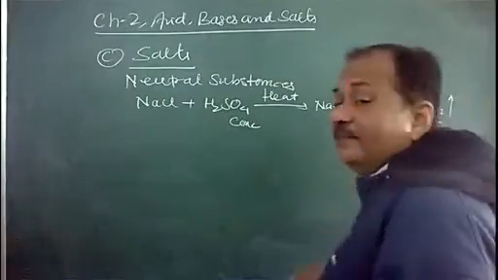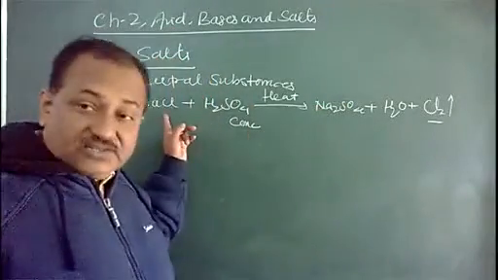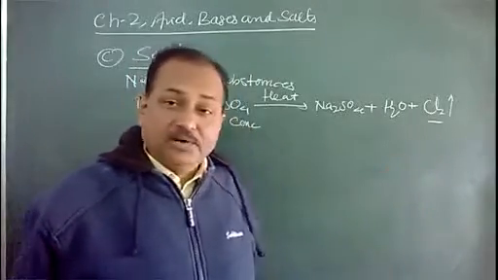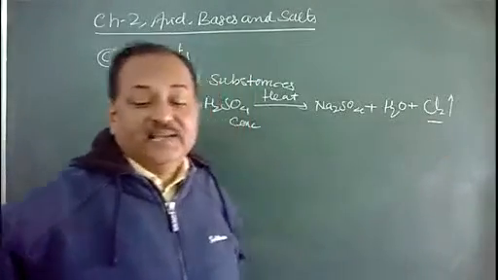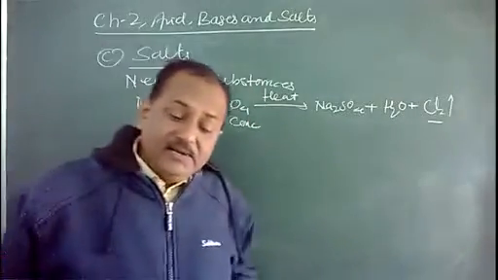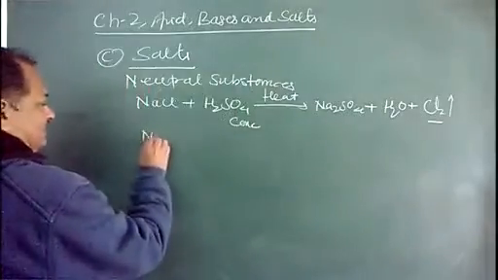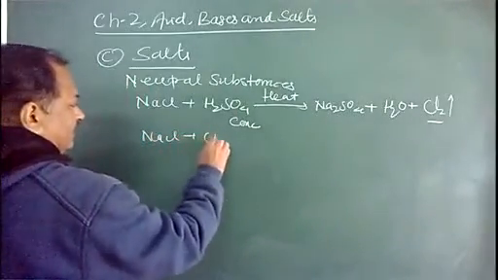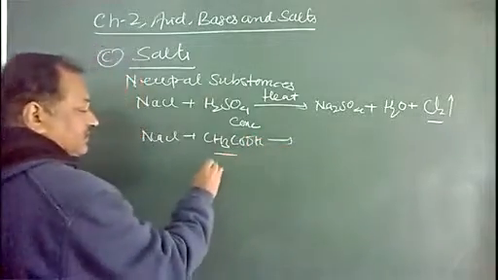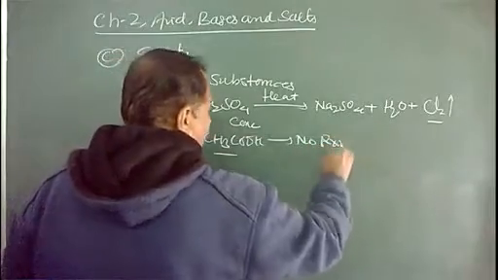So children, you have to keep in mind that here this is salt. Hydrogen has been converted to water, and instead there is release of chlorine. This is a very important part. And the salts are not always responsive. If we take NaCl and acetic acid, acetic acid is a very weak acid, so there will be no reaction.